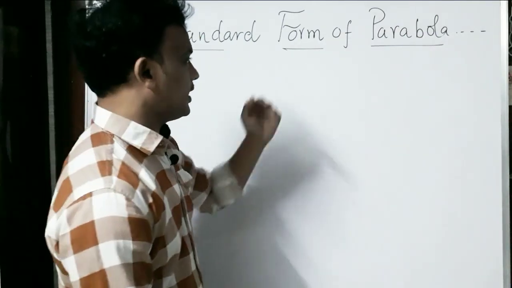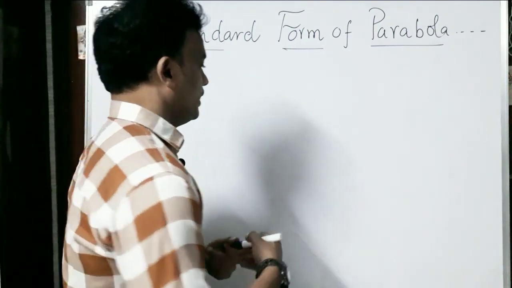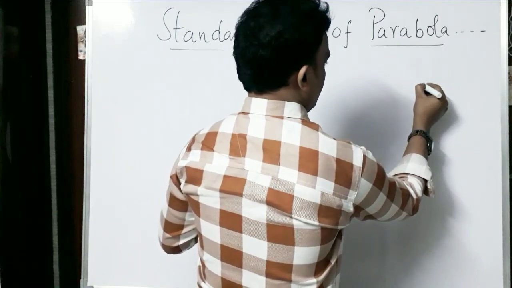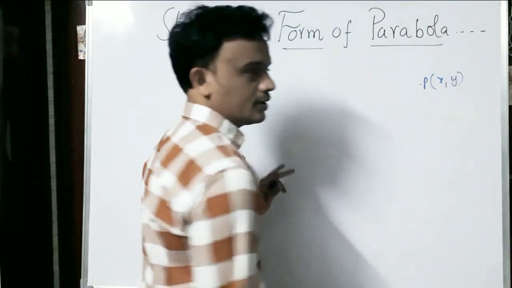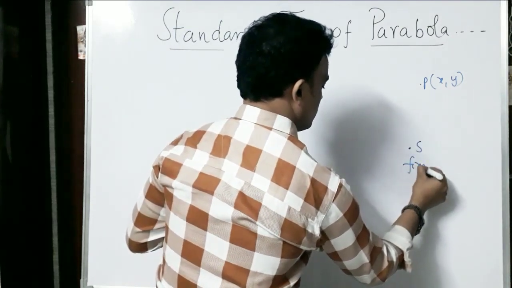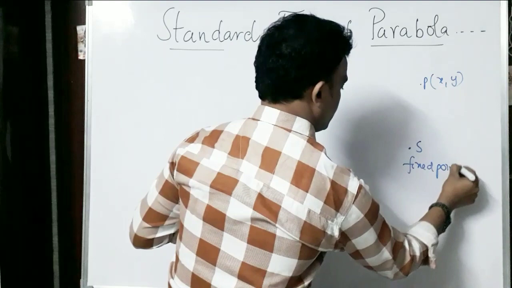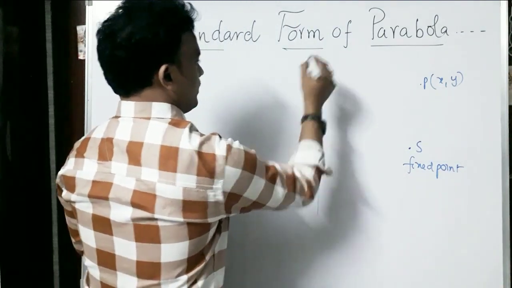Once again I am going to revise the definition of the parabola. P is any locus point, S is a fixed point, and there is a fixed line. What is the condition?